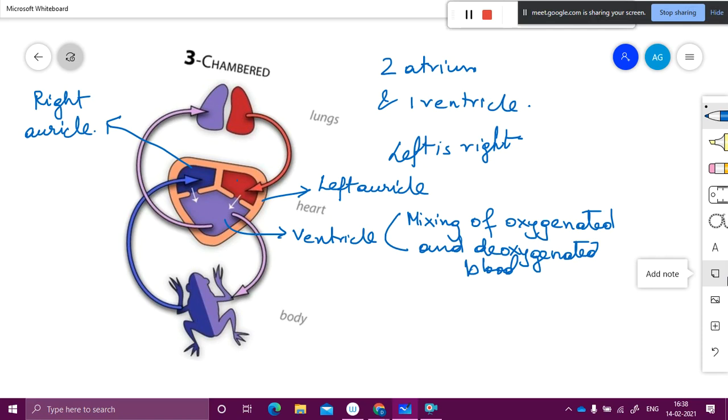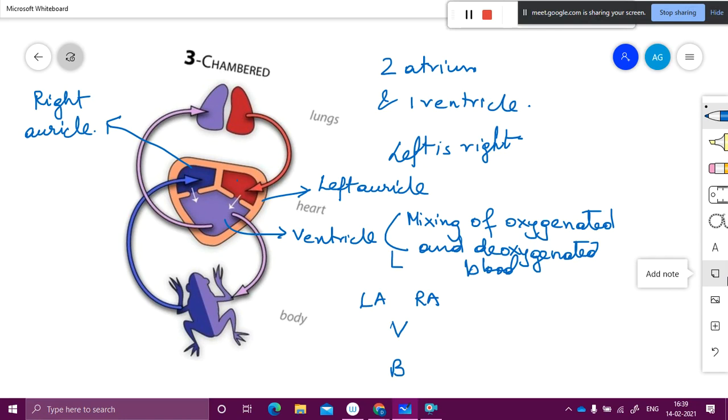From one side, the ventricle pumps it to the lungs, where it is purified and enters the left auricle, and the deoxygenated blood enters into the right auricle. So let us draw it once more in a clear manner. Left auricle, right auricle, this is the ventricle, body, lungs.